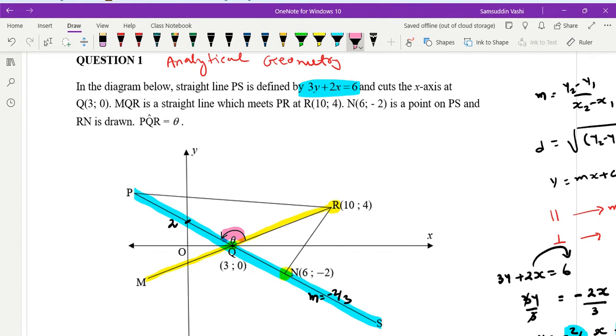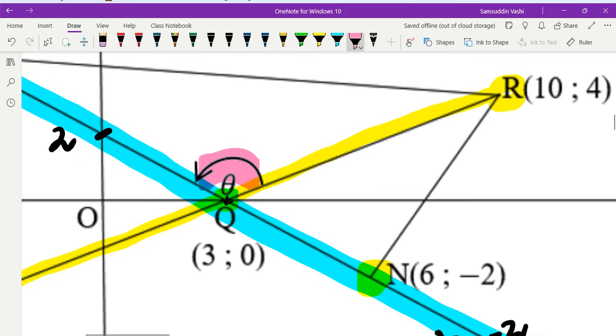Okay, remember that whenever we deal with an angle, we must observe where it is. Is that theta with the x-axis? This is the x-axis. Is that theta with the x-axis? No. So I will not get a direct answer using the formula. All right, be careful there.